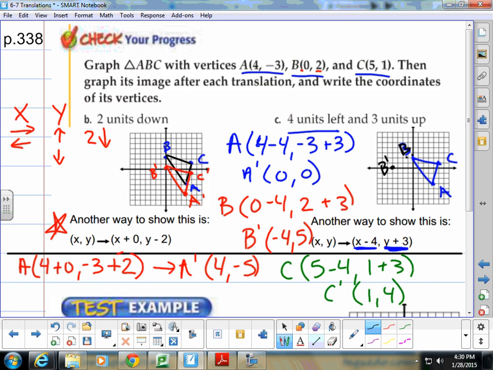I went over 4, left 4, up 3, ending up at negative 4, 5. For C, this is a little bit more reliable than me counting that way. C, we're going to do the same thing. Left 4, up 3, and we end up where we need to for that, 1, 4. And A, left 4, up 3, we end up at 0, 0, like we said. So kind of a cool deal. You can use either way. This is definitely the more mathematical way, so you want to give that a try.